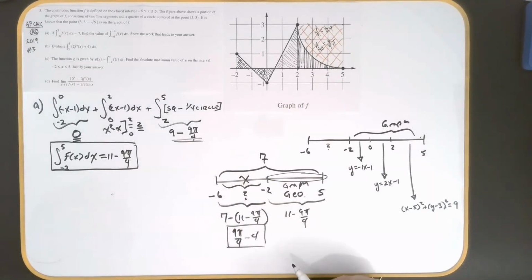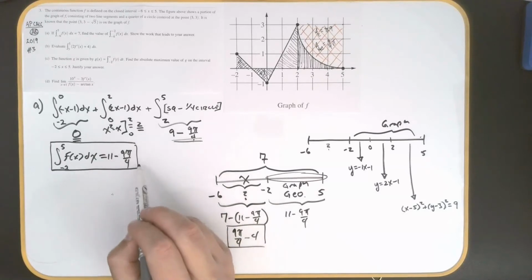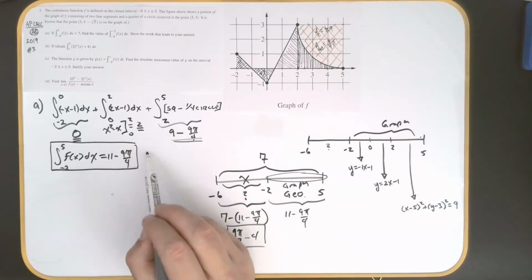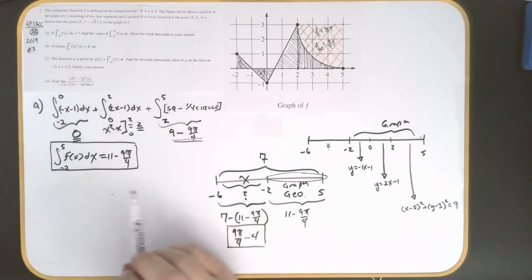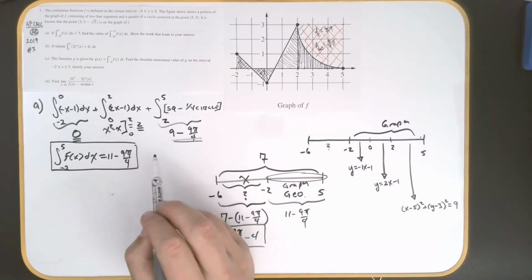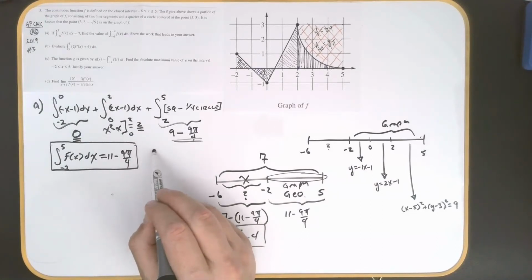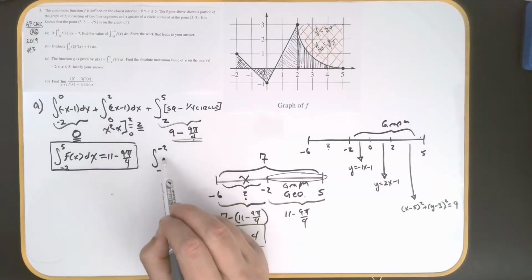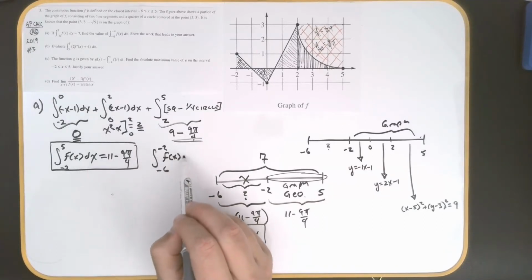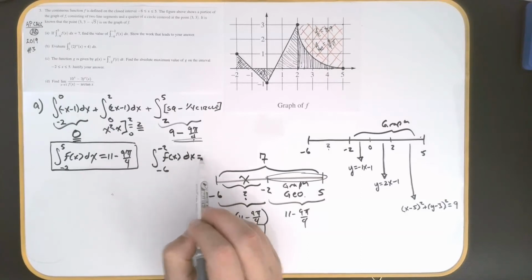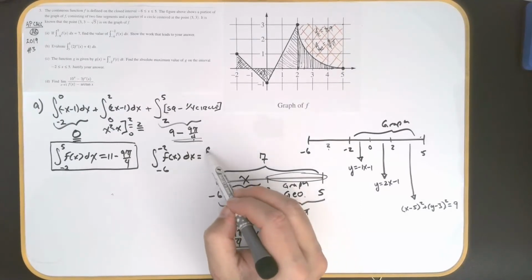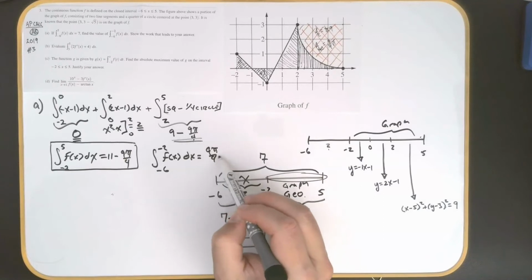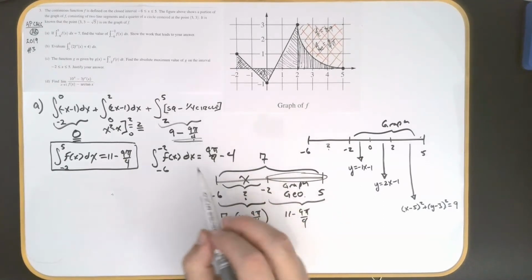Okay, so I have this part right here. It was given in the problem that negative 6 to 5 is 7, and so I'm going to say the integral from negative 6 to negative 2 of f of x dx is equal to this down here, 9 pi fourths minus 4.